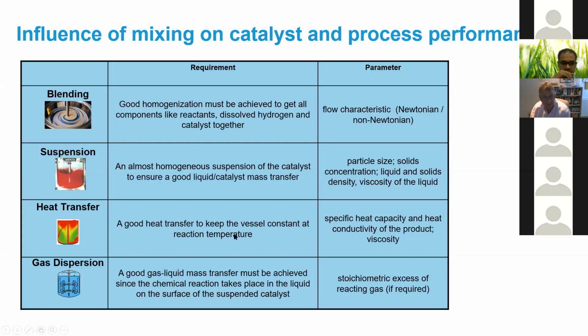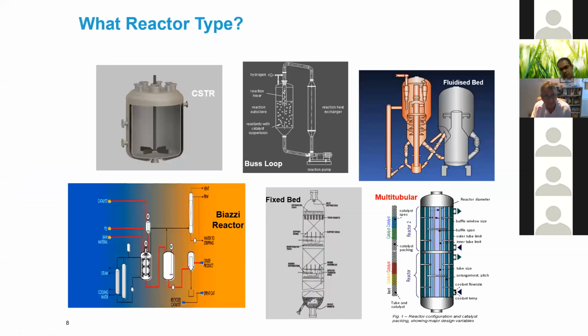With heat transfer inside your stirred vessel, you want to have a good constant reaction temperature. And then again, gas dispersion, if we're talking about hydrogenation or even oxidation, we want to make sure that our gas, liquid, and solid material, the catalyst in this case, are well mixed.